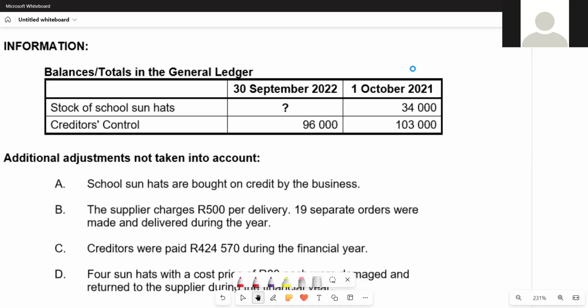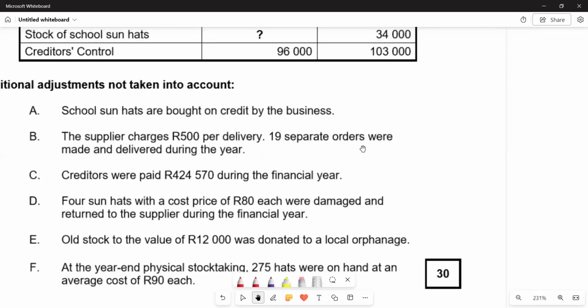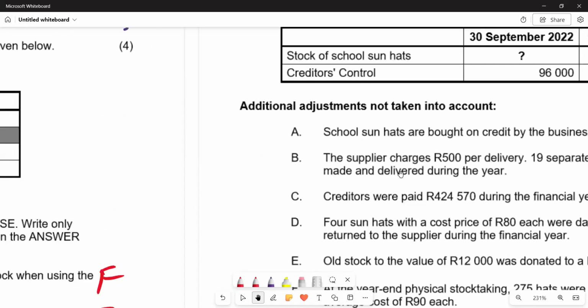So basically, we are just going to use the criteria or formula for our creditors control. Remember the purchase figure, we get it in the creditors control account. But basically, I'll just give you a breakdown in terms of how you are supposed to present it in a creditors control account.